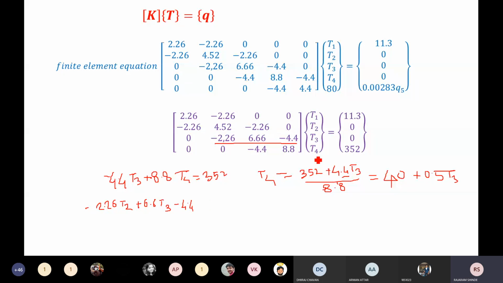Can I write T4 equal to this one? You see here, this is minus 4.4 T4.